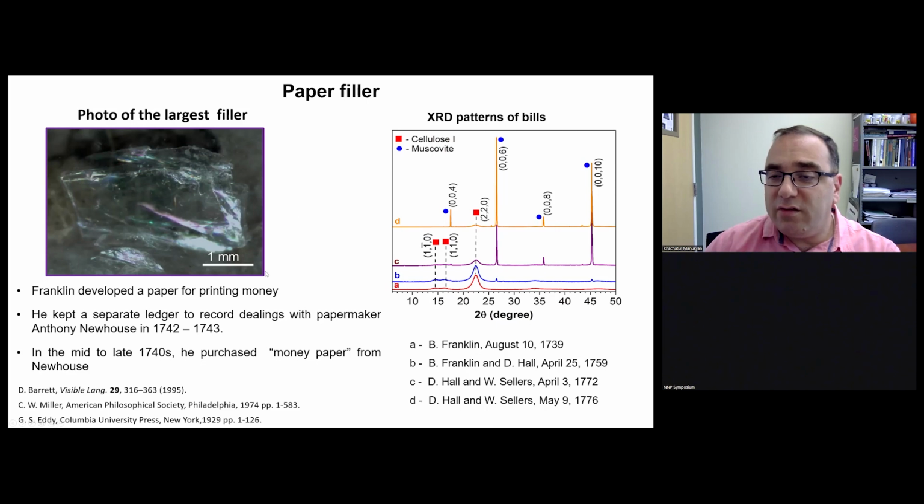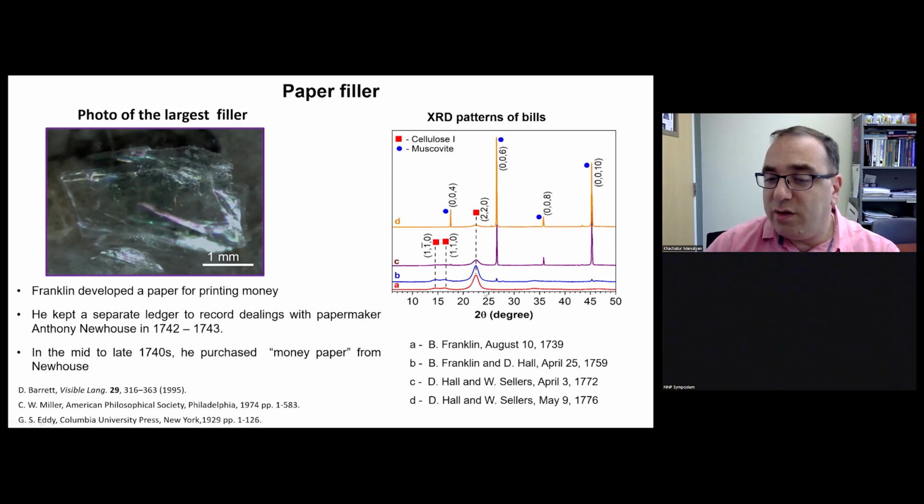So then we analyzed the paper from different years. For example, here is one of the first emissions in Philadelphia, 1739, and so on. So you could see in these spectra that A1 is the early bill. It has these broad 3 peaks.